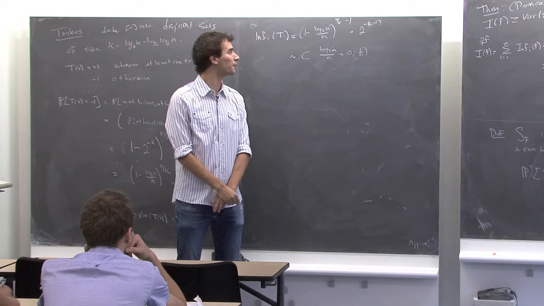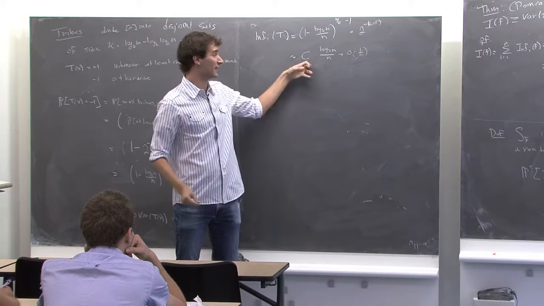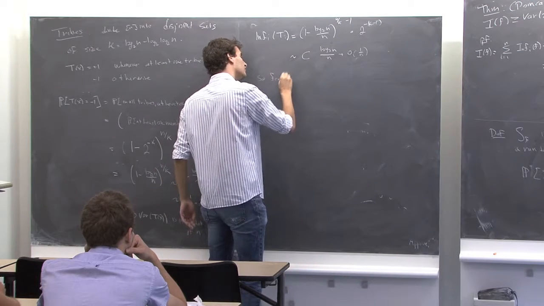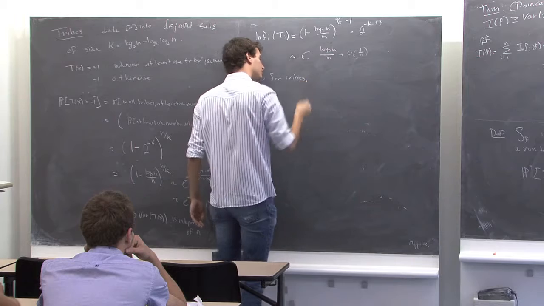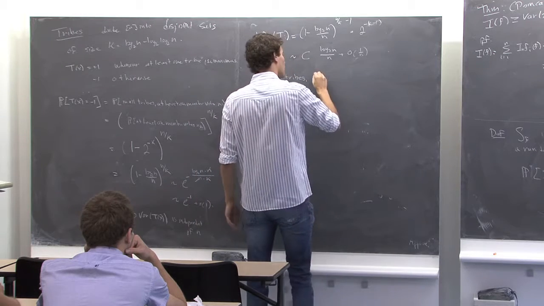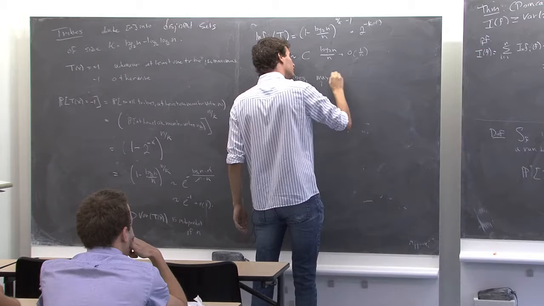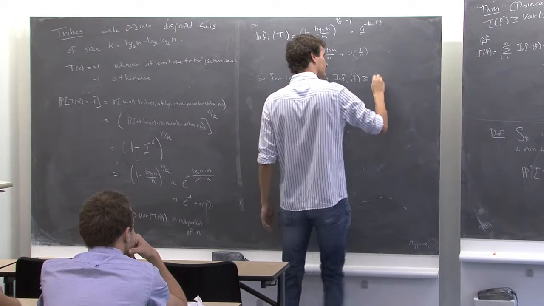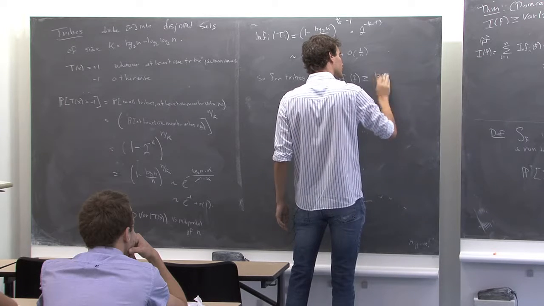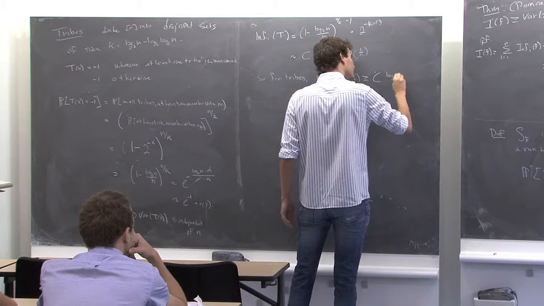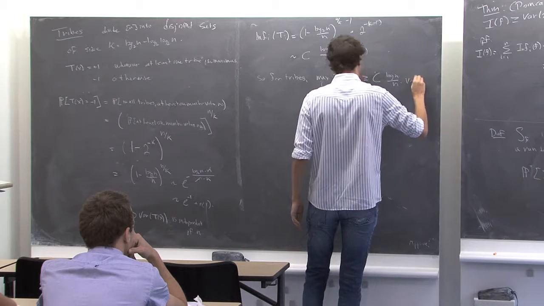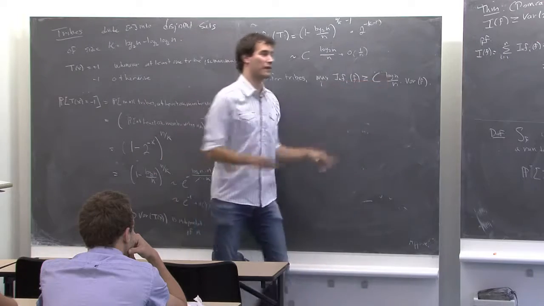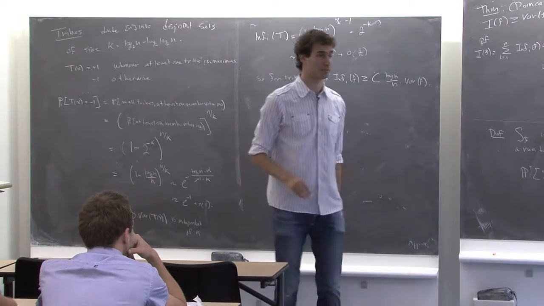Actually, probably much smaller. So since the variance is also a constant, for tribes we get that same 1 over n with an additional logarithmic term.